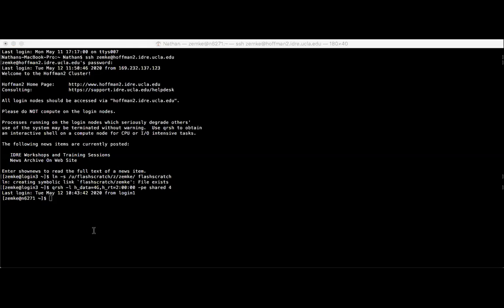So when you create the flash scratch shortcut, replace the Z in the path with the first letter of your username and then your username. Oh, gotcha. So the Z is not like a folder within which I'm trying to create the flash scratch? It is a folder, but your folder is different than my folder. So every Z user is put in the Z directory. But if you're using a different letter, then yours won't be in that directory. All right. Thank you.